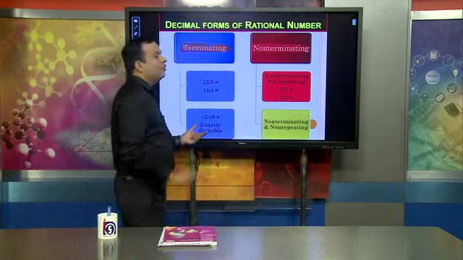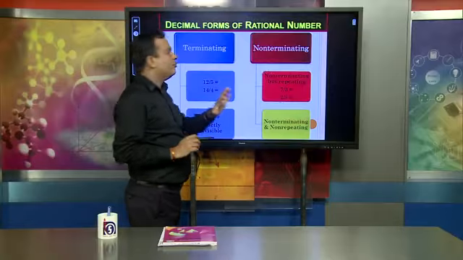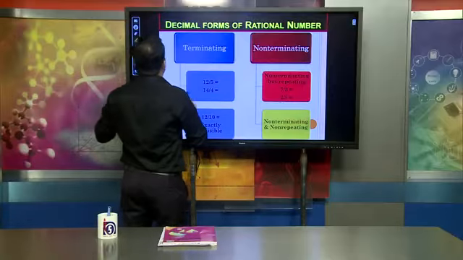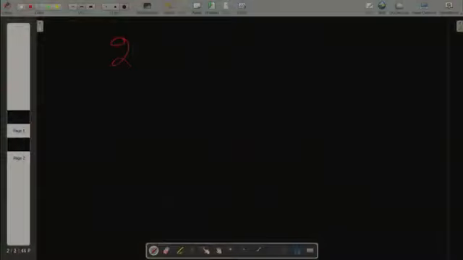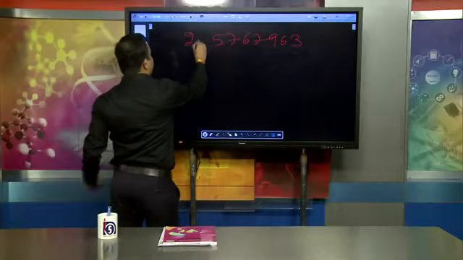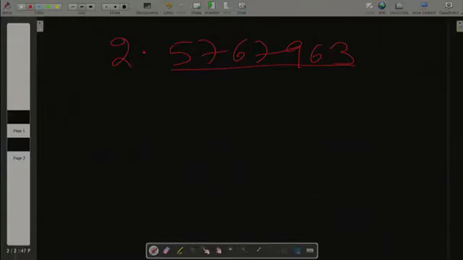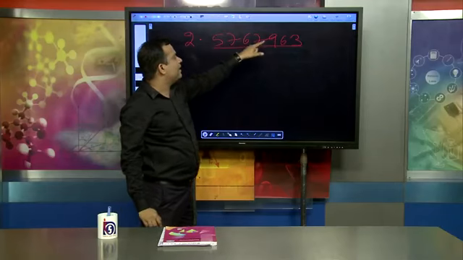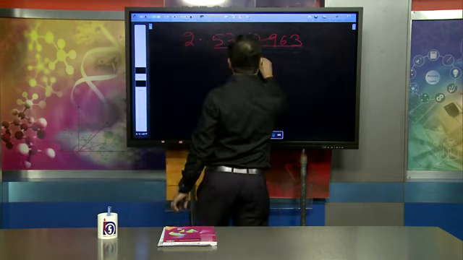For example, suppose the value is like this: 2.5767963. Here after the decimal point, the numbers are neither repeating. 57679632, like that, I can say these are non-repeating.